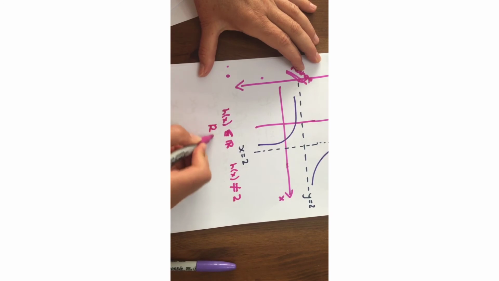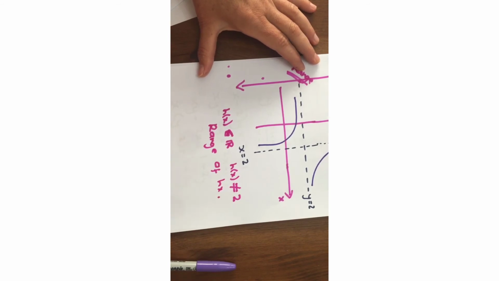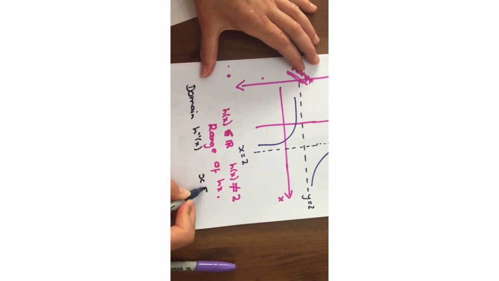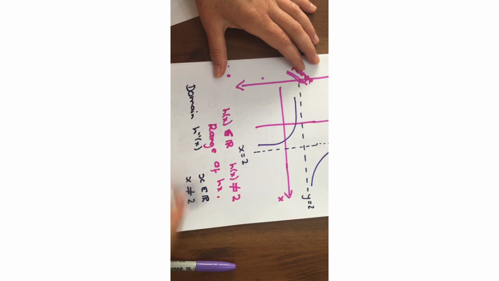This will be the same as the domain of my inverse function. We just write it like this. So the domain of my inverse function is x belongs to all the real numbers, but x does not equal 2.